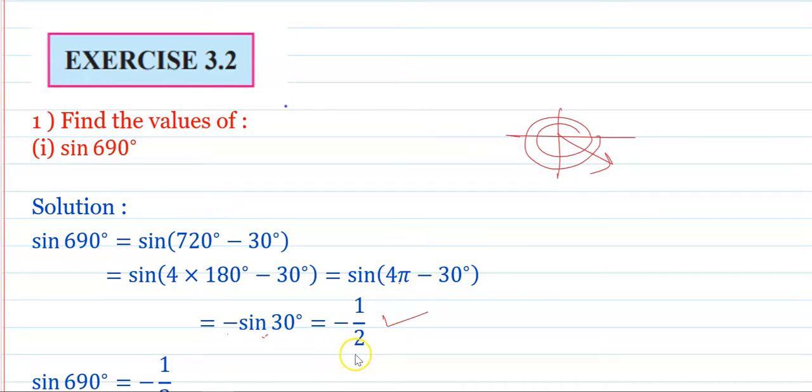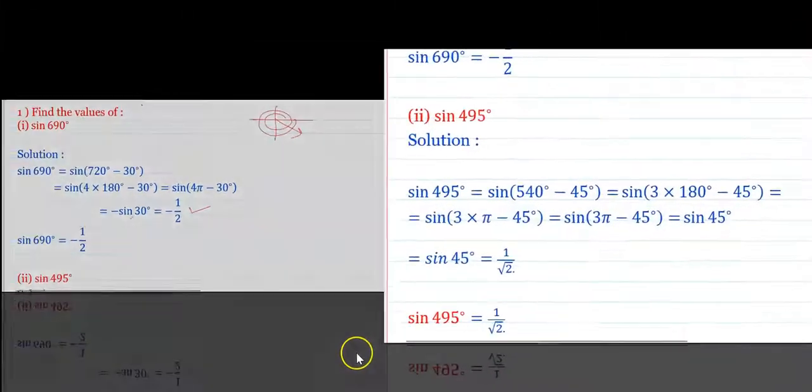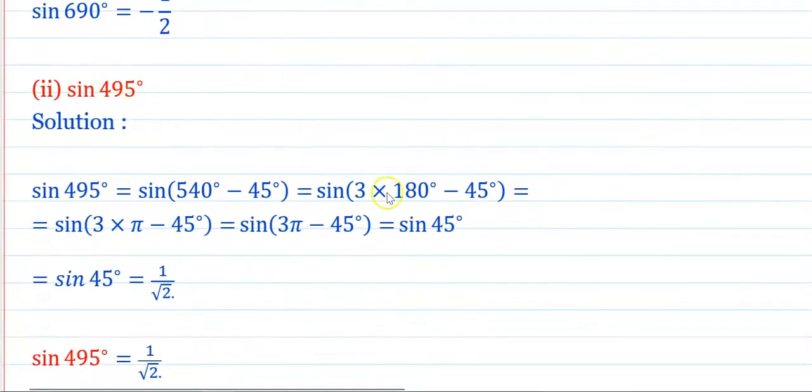Okay, now the next. Sine of 495. 495 can be written as 540 minus 45. That is 3 into 180 minus 45, that is sine of 3 pi minus 45. Okay, now see this here. As it is an integral multiple of pi, the function remains as it is.